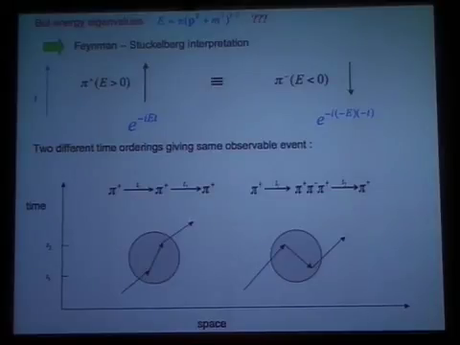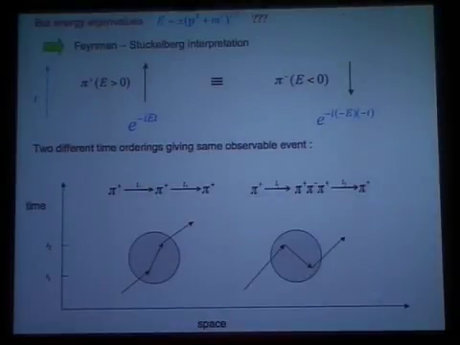So here's my pi plus. It's going backwards in time here, but I'm going to reinterpret this as a forward-going pi minus by this reinterpretation. And then here's my forward-going pi plus. So I can make sense of the physical interpretation of this: pi plus going to pi plus going to pi plus. Here it's pi plus going to pi plus, pi minus, pi plus going to pi plus. What's happened here is that you've pair produced a pi minus and a pi plus.